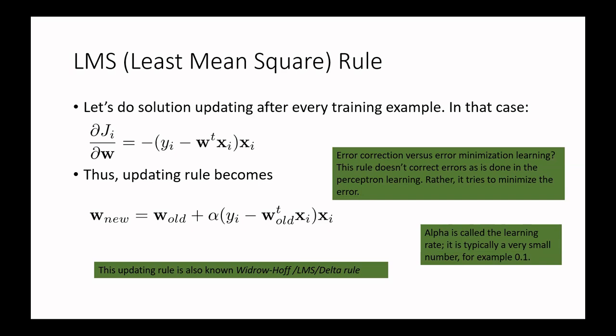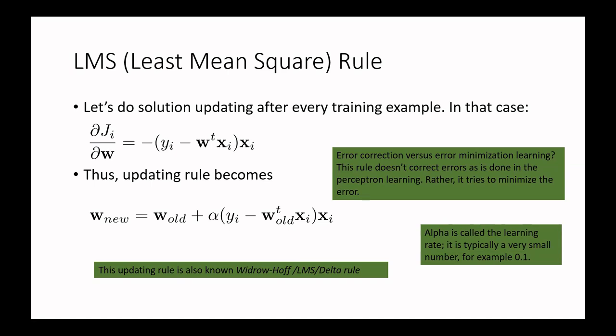Or it is also known as the delta rule, because when we look further, you will find that we will introduce a term delta, and that term is tied up with this particular expression. So that's why it's also called the delta rule. Alpha is called the learning rate. Typically it should be very small, generally 0.1 or so.